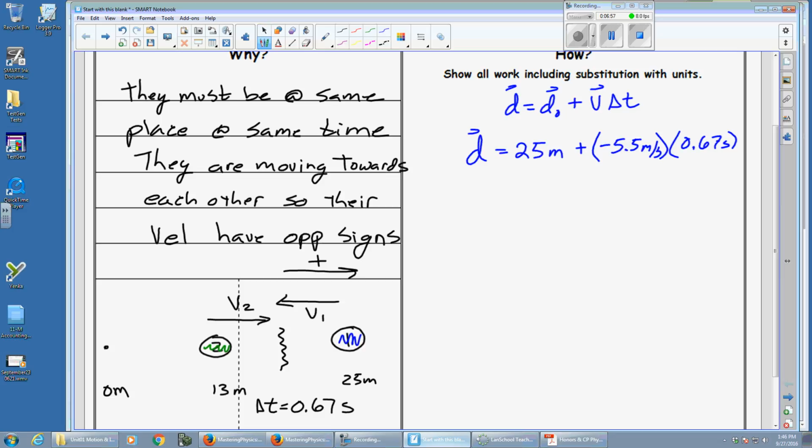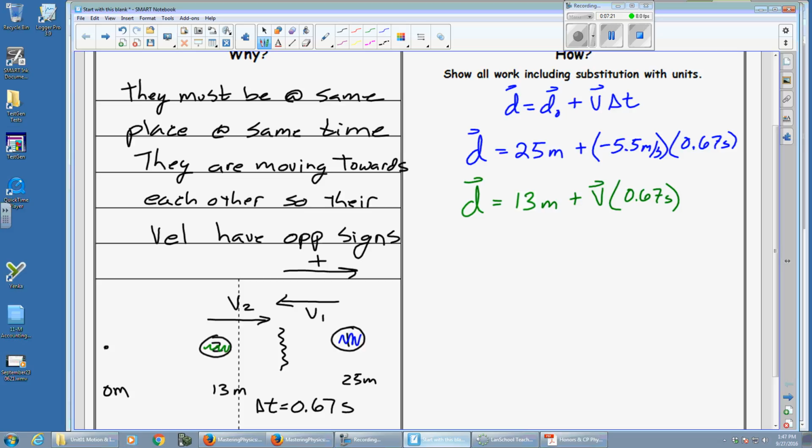For object 2, it's also going to end up at D. It's starting at 13 meters. I don't know how it's moving, but I know it's going for 0.67 seconds also. Right?